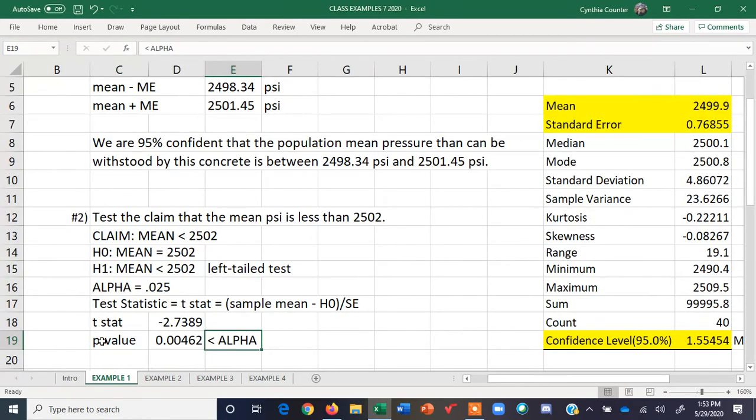So coming back here, we saw our p-value was less than alpha, so we are going to reject the null hypothesis, support the alternative hypothesis.